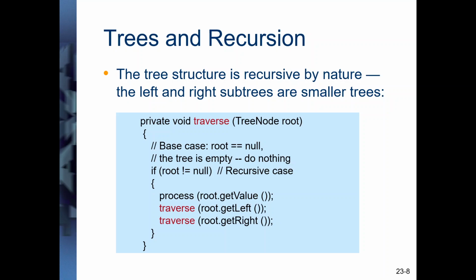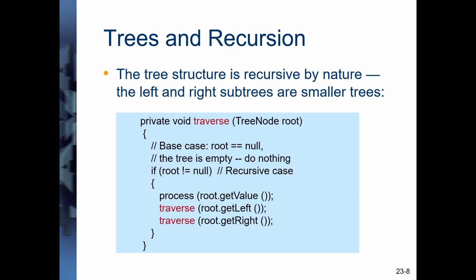We'll find that solving problems with trees, binary trees and then binary search trees in particular, lend themselves to recursion. So here's a relatively simple method that will go to all of the nodes of our binary tree by using recursion. And the base case here is when root equals null.